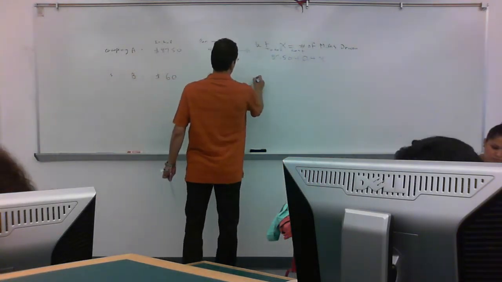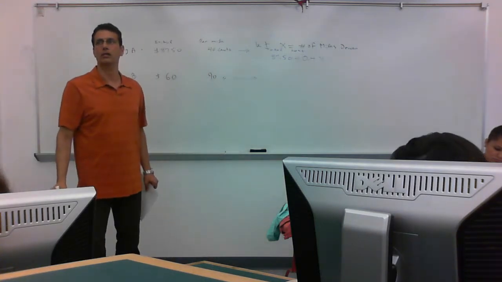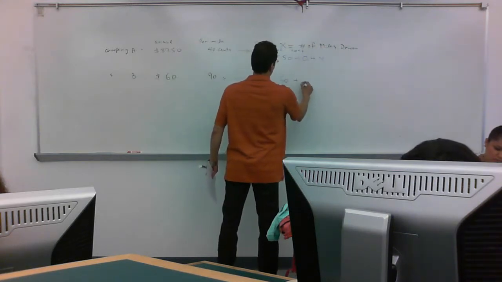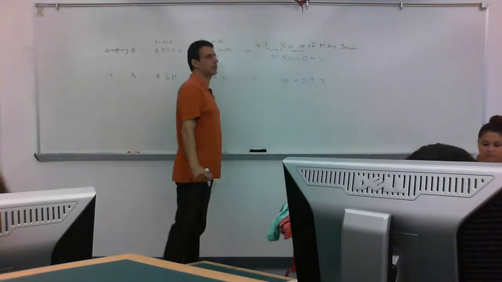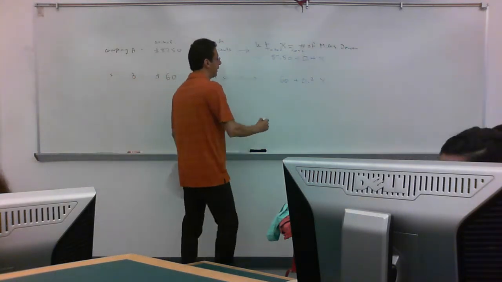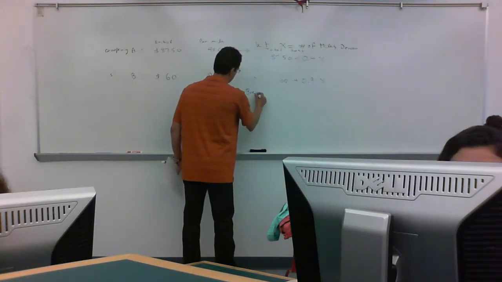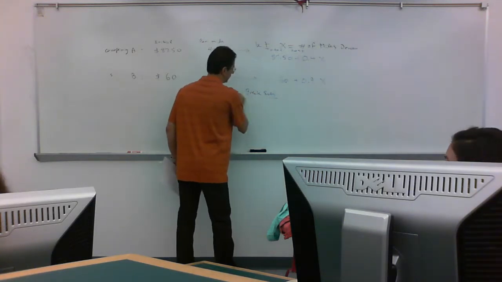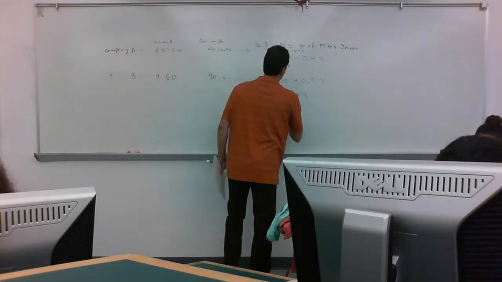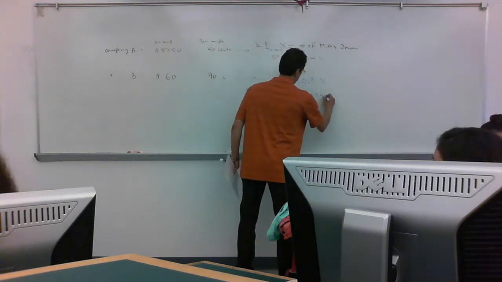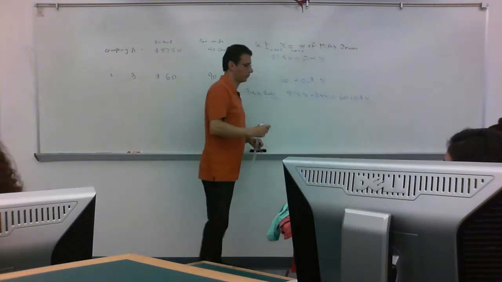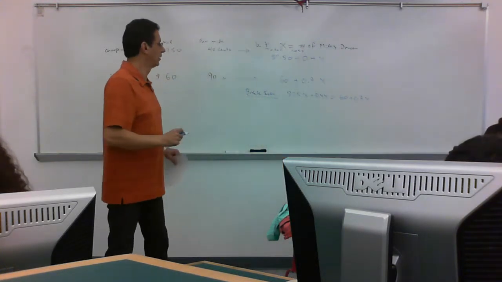What is the total cost associated with company B? 60 plus 0.90x, or 0.9x. When we say break even, we mean they must be identical, right? Does that work for everybody? Yes.